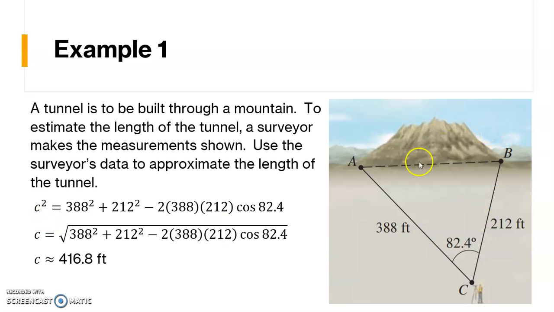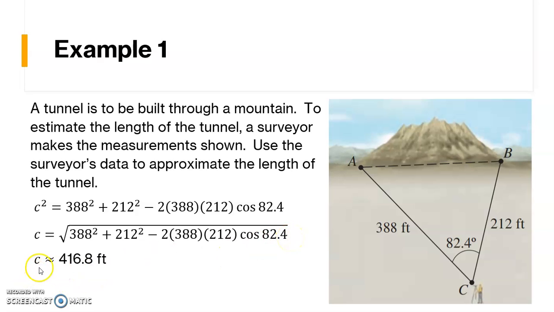Okay, so I said this side squared equals 388 squared plus 212 squared minus 2 times 388 times 212 times the cosine of 82.4. Now to solve for our missing measurement, I would just need to take the square root of both sides. So in my calculator, I literally just typed this entire thing in.